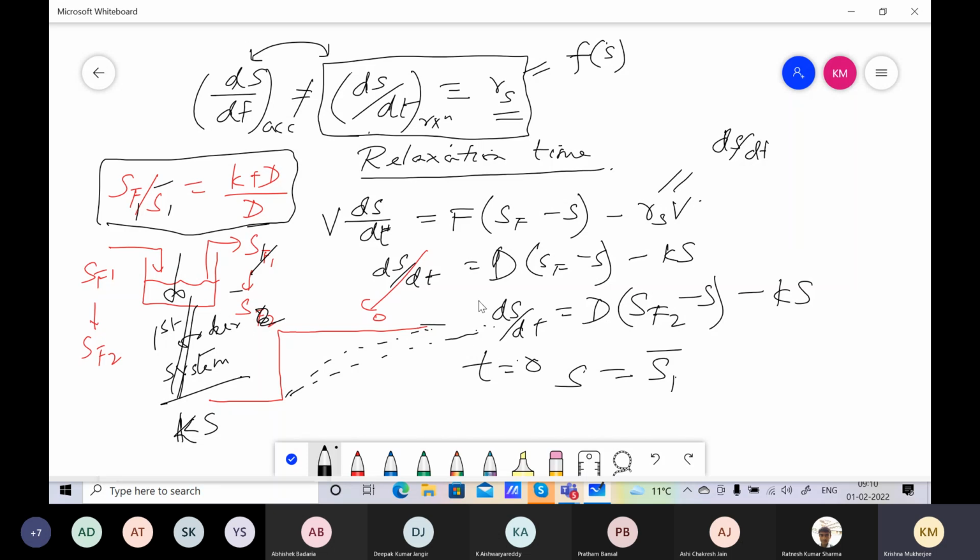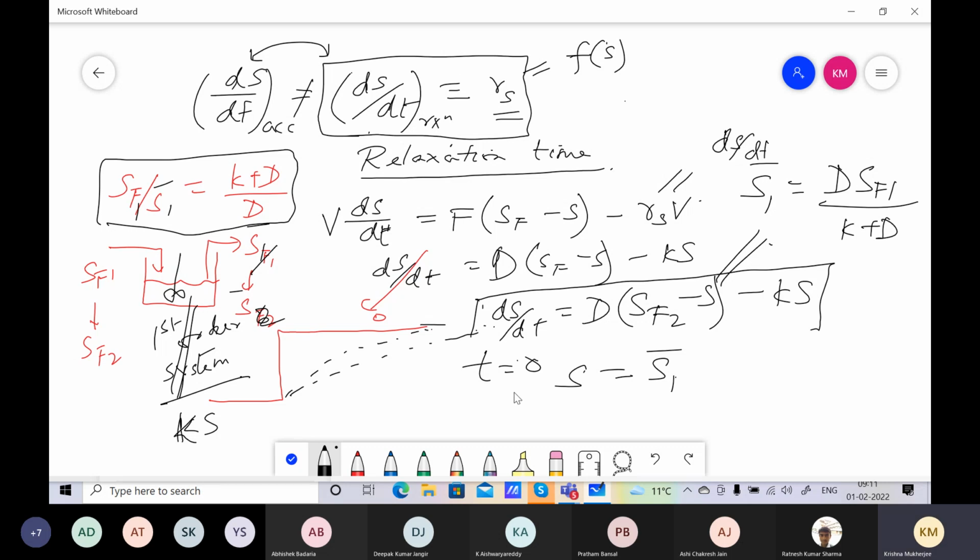Then this is the basic equation with this initial condition, that S is equal to S1 bar at time t equal to 0, which is D SF1, not SF2, upon K plus D. And S at t equal to infinity will be S2, which is given by D SF2 upon K plus D.